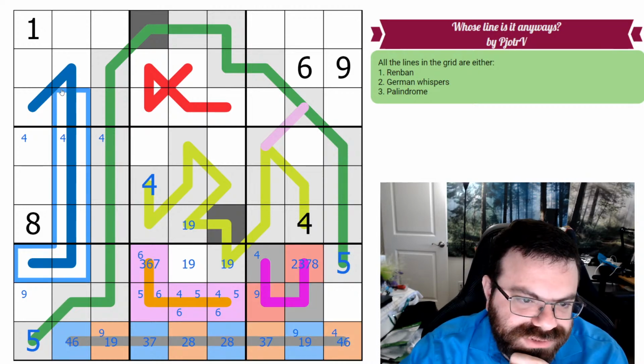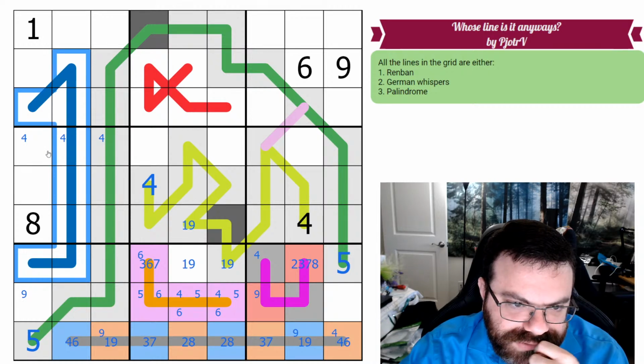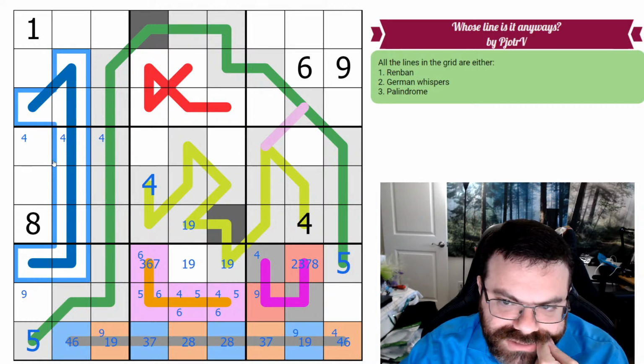I haven't looked at what blue is. It's not palindrome. Can it not be a Renban?